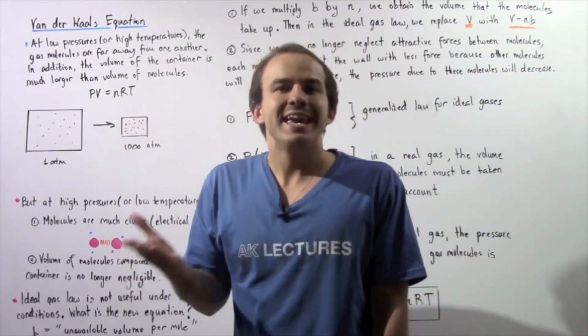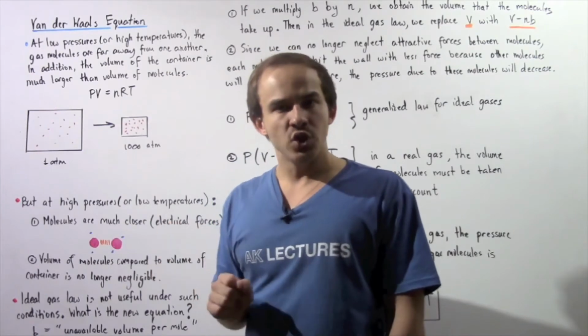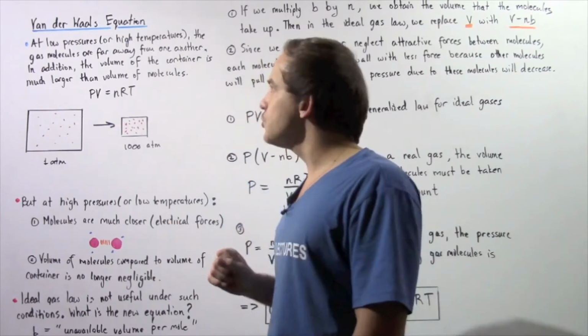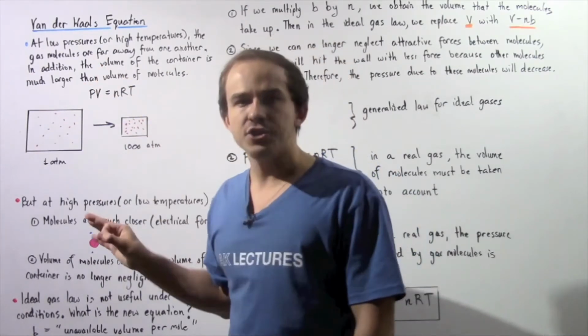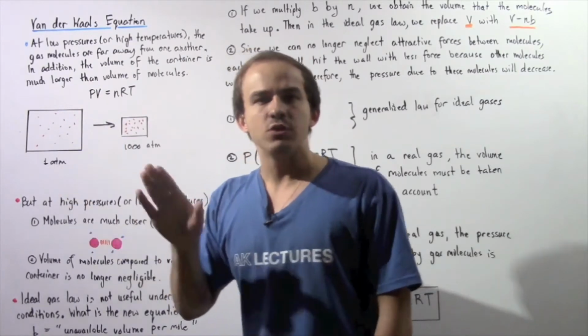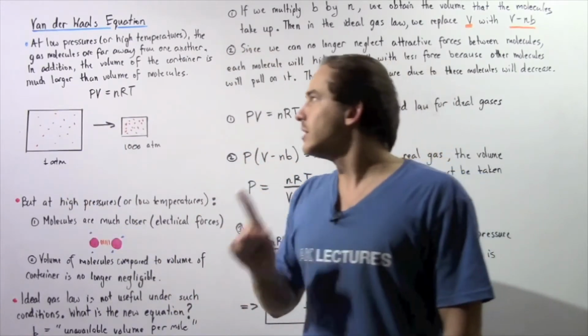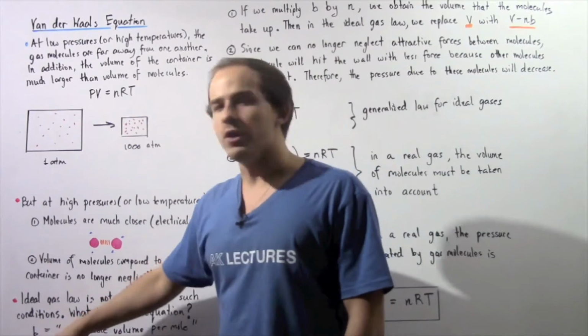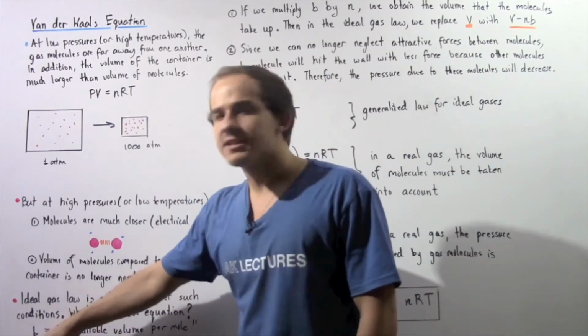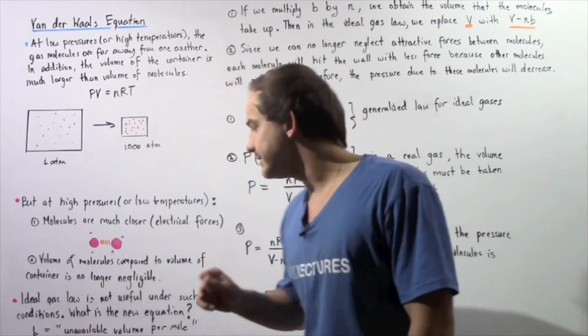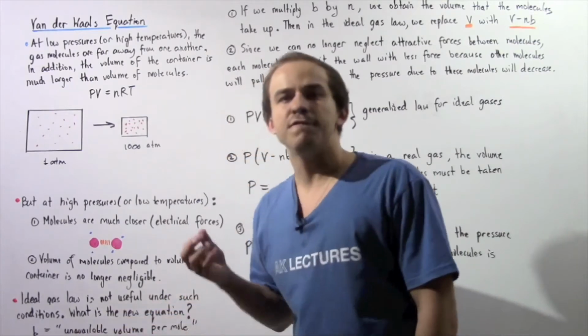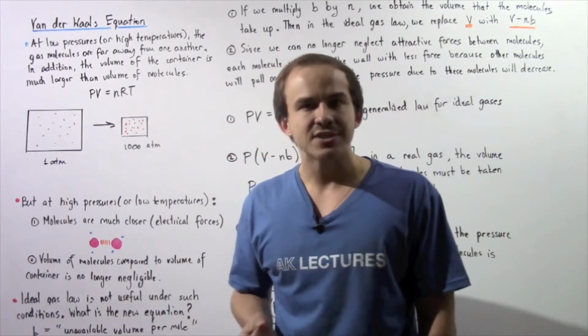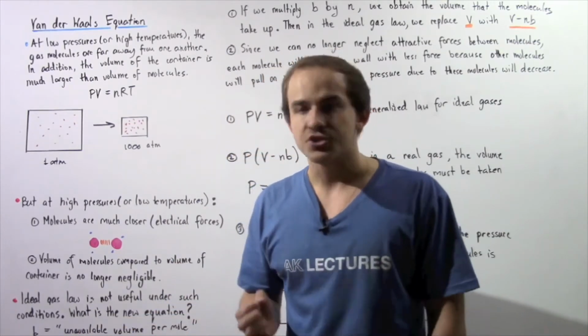So what exactly is the equation that we can use? This equation is known as the van der Waals equation. But before we define this equation, let's define the following constant. This constant b is defined as the unavailable volume of the real gas per mole of gas.